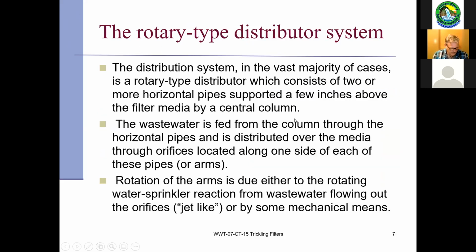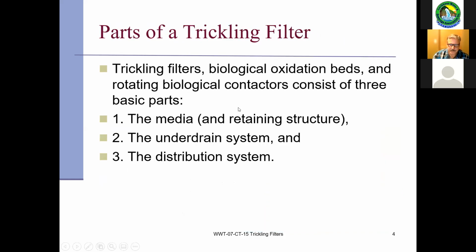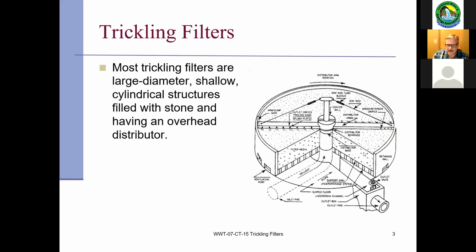So the distribution arm or distributor system, typically they're rotary type. So as we went through this slide, there would be two arms on either side of this drive. Flow comes in the center, distributed, kind of like you might want to think of it as a secondary clarifier, except you're distributing flow through this arm. Flows through whatever type of media.